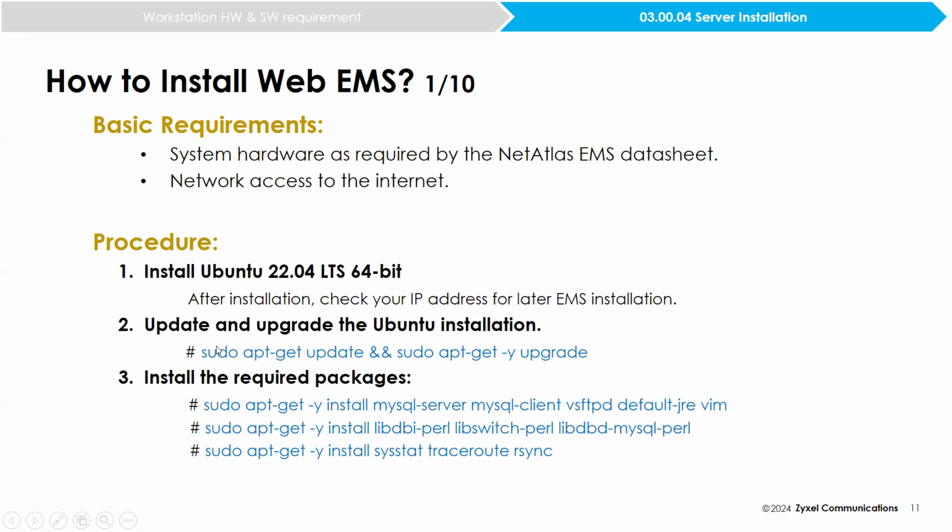Our first step, we suggest, is to make sure the Ubuntu server we install is 20.04. And after we install this Ubuntu server, we suggest typing in the apt-get command to make sure the packages we install on the Ubuntu server will be the latest ones. After that, following the commands here, just type in a command on the Linux server to automatically download and install the package.